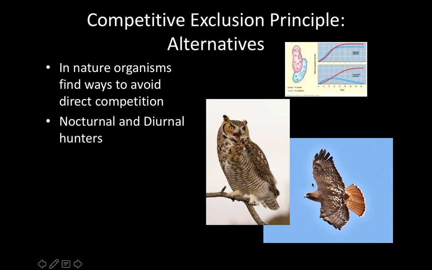Small rodents, snakes, things like that. So their niches essentially overlap. And so the competitive exclusion principle would say they cannot exist both in the same environment at the same time. But they've split up the niche in a way that these guys hunt during the day. It's called a diurnal hunter or a daytime hunter, and these guys are nocturnal hunters.